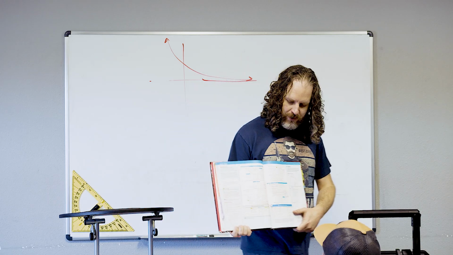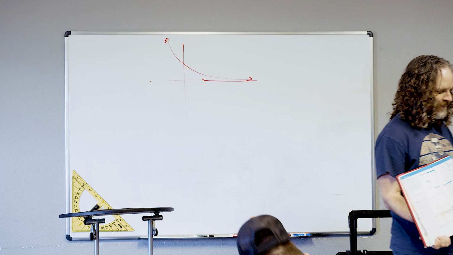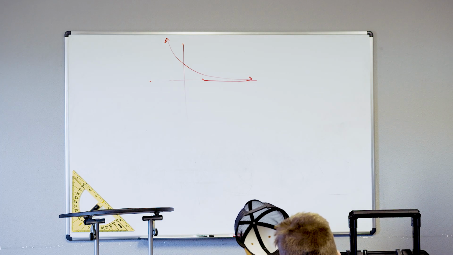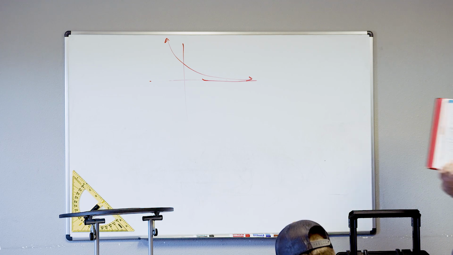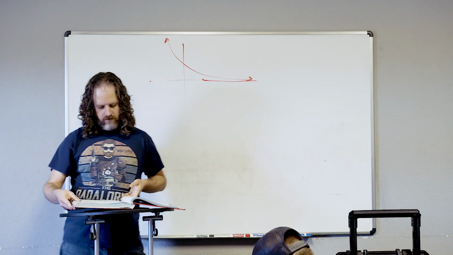It should be 3 discrete ordered pairs right here. It looks something like that. I did everything wrong. I got something mixed up.